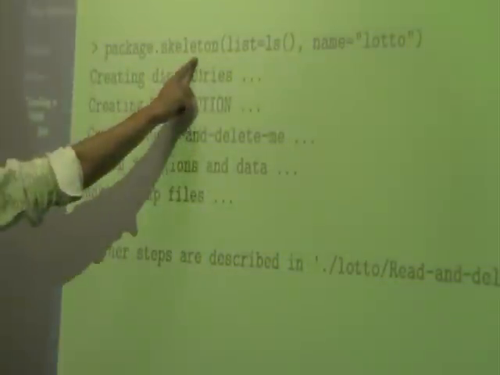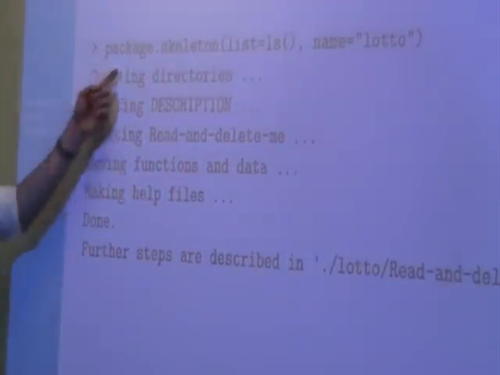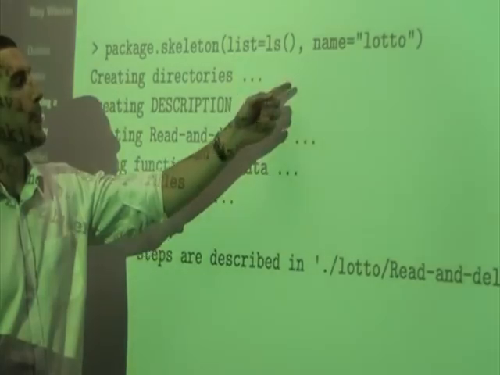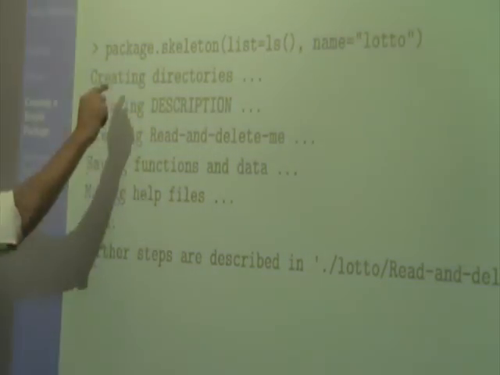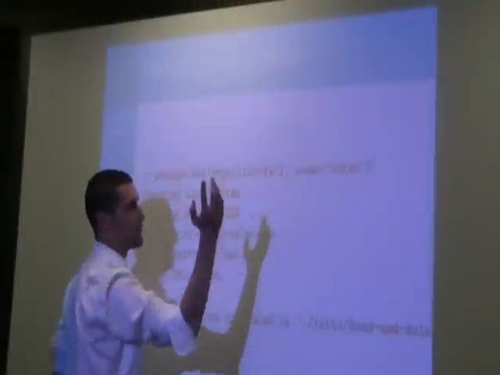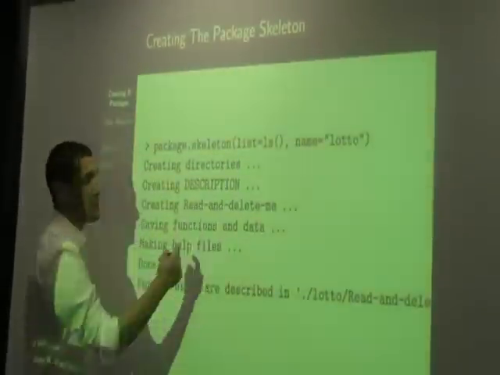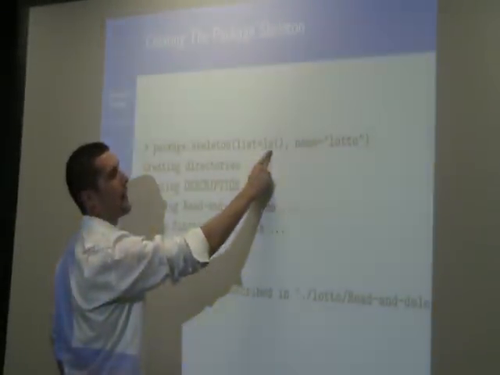The next thing I do is this package skeleton command that I told you about earlier on, I just run this command, and what this invocation is saying is, run the package skeleton command, create a package called lotto, and the contents of this package is going to be everything that's in my workspace. And that's what this is.